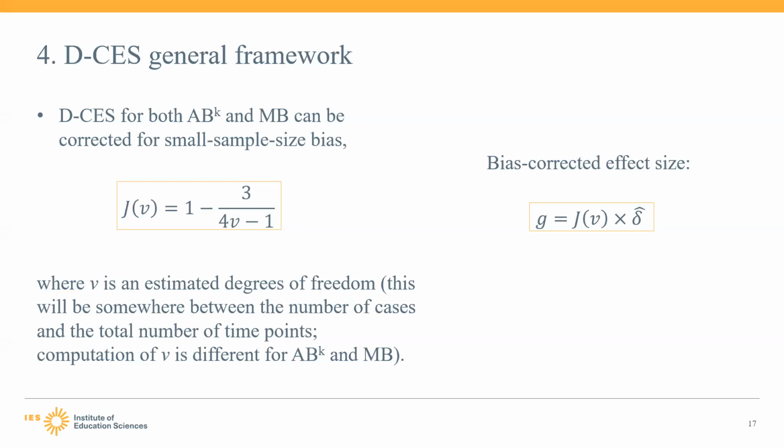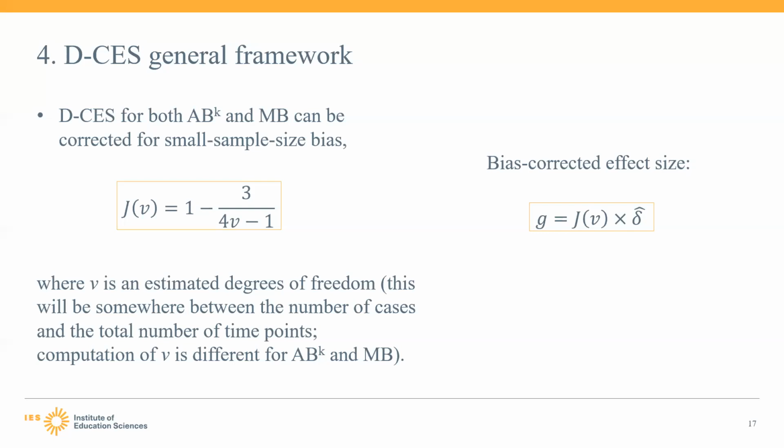Now, this bias can be corrected by using methods described by Hedges, similar to what has been done to correct the small sample bias of the Cohen's D statistic from a between subjects experiment. The corrected effect size estimate is often referred to as Hedges' G. So it is advised to implement this small sample size correction to the design comparable effect size.